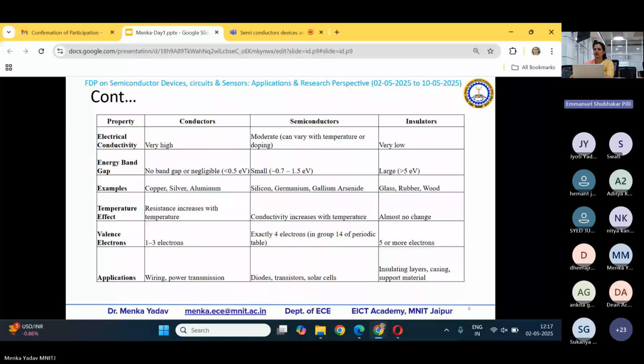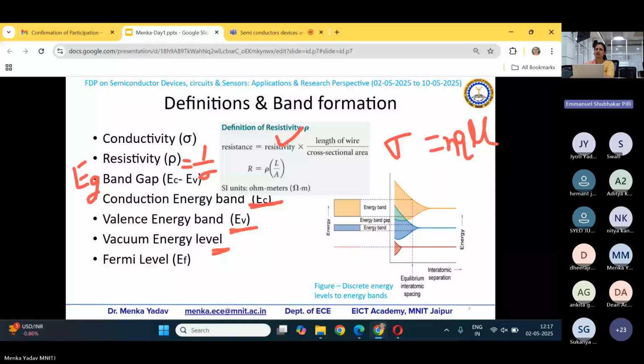Okay. Now, before going into the categorization of different types of materials, let me introduce you from discrete energy levels to the band theory, how we are going to reach there. So see, first of all, we have some atom. Let's say this is one atom. This atom has its own energy levels.